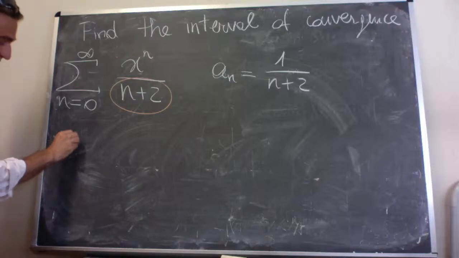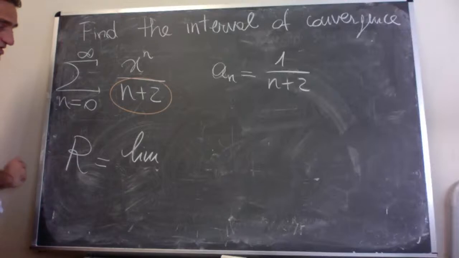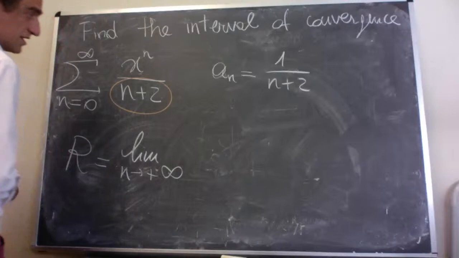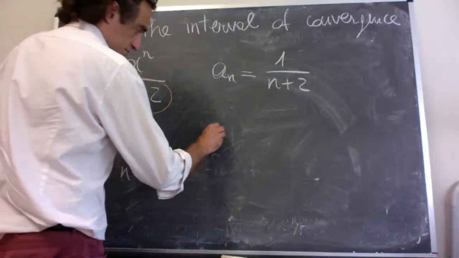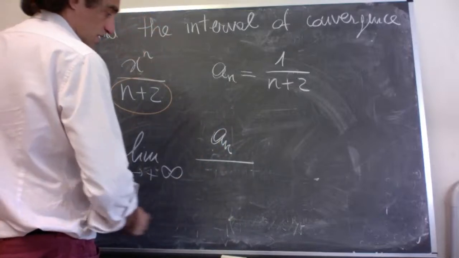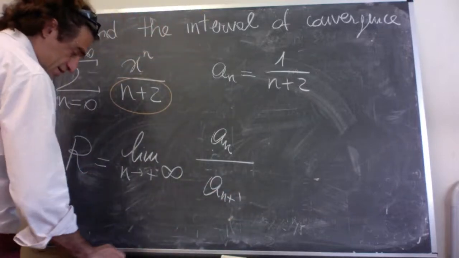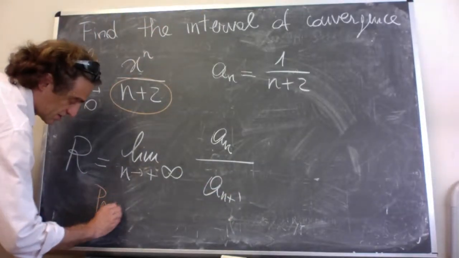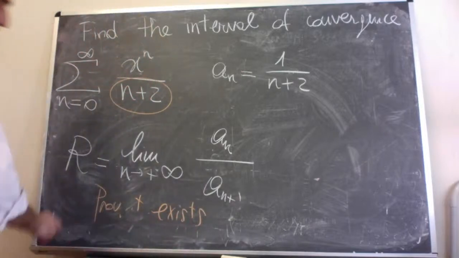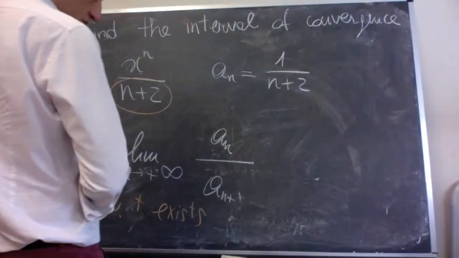And then the ratio is the limit. Sorry, the radius of convergence is the limit for n going to plus infinity of an divided by an plus 1, provided that this limit exists. And in this case, this is equal to what?